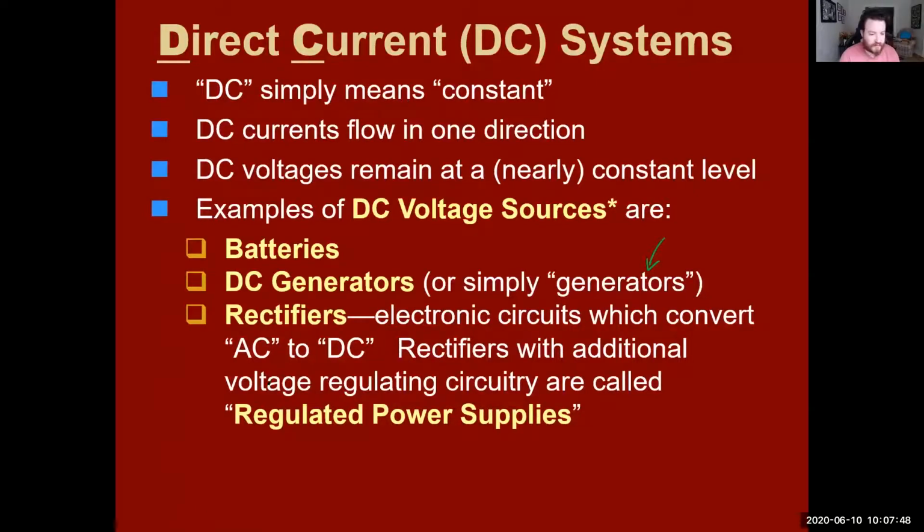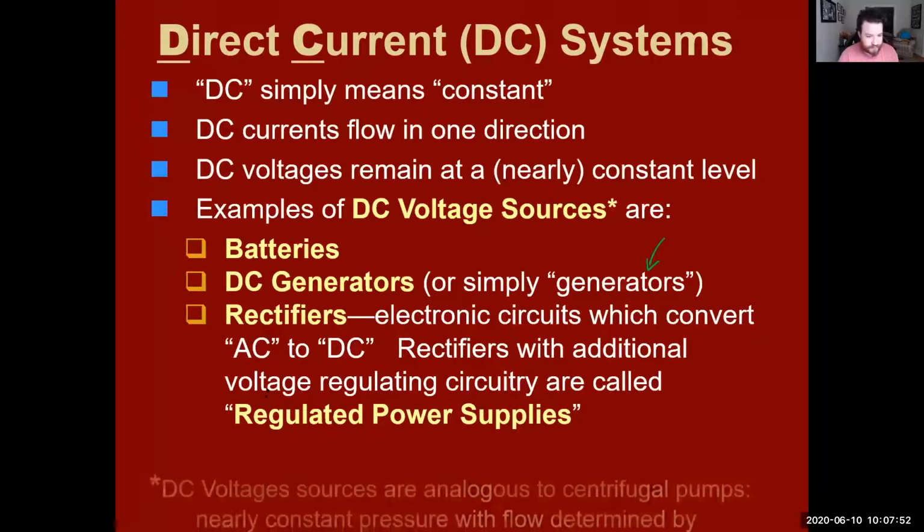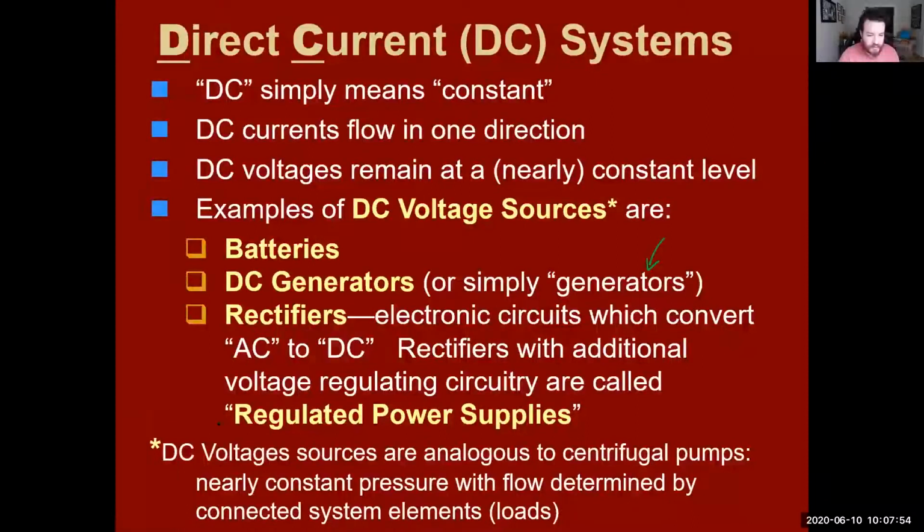Rectifiers basically convert AC to DC. DC voltage sources are just kind of like centrifugal pumps: near constant pressure with flow determined by connected system elements. All right. So direct current, remember that you just have a flow of electrons constantly going through your wire.